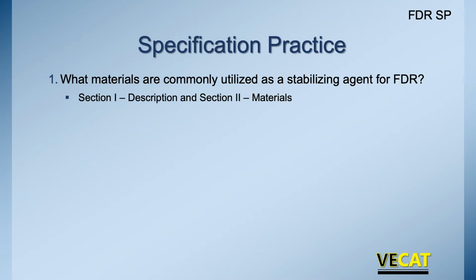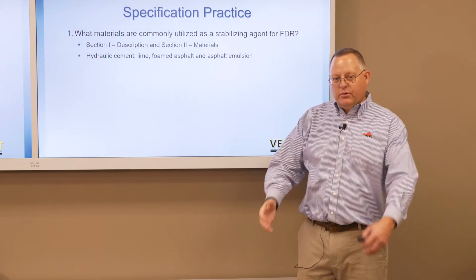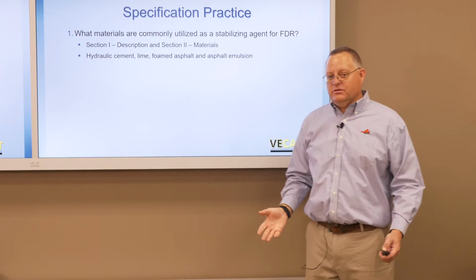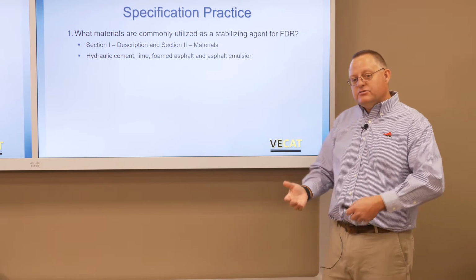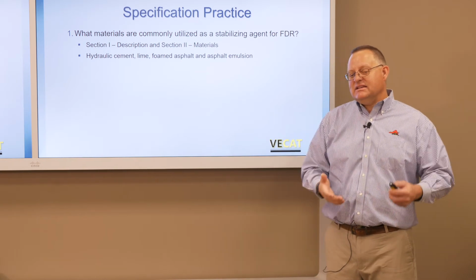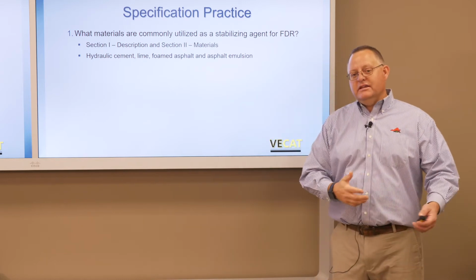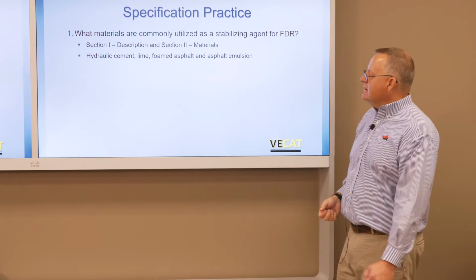In the description we talk about it, and then we get into the actual materials. We see it's typically hydraulic cement, lime, foamed asphalt, and asphalt emulsion. So when you look in that special provision, that's the type of materials we're using. When the contractor is doing their mix designs, unless it is spelled out in the contract, they're using one of these materials to stabilize the pavement.